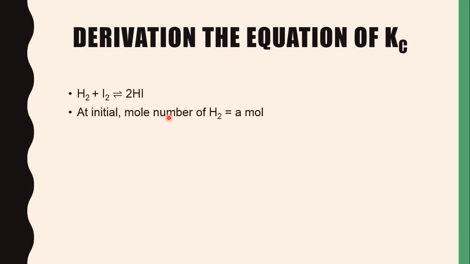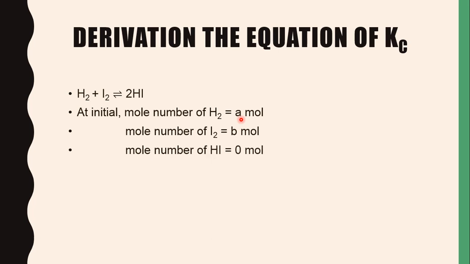We will take the mole number of reactant as A mole, X mole, B mole, Y mole or any. Here at initial let the mole number of hydrogen equal A mole, the mole number of iodine equal B mole, and the mole number of hydrogen iodide equal 0 mole.